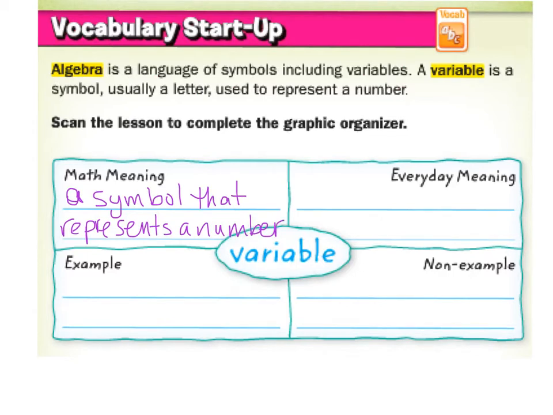In its everyday meaning, the word variable means to change or vary.